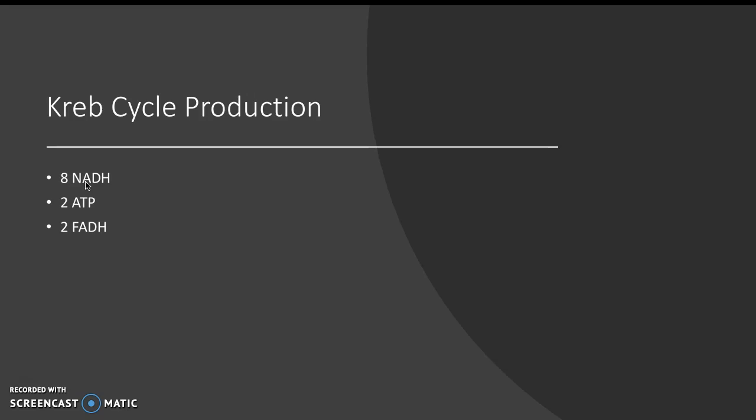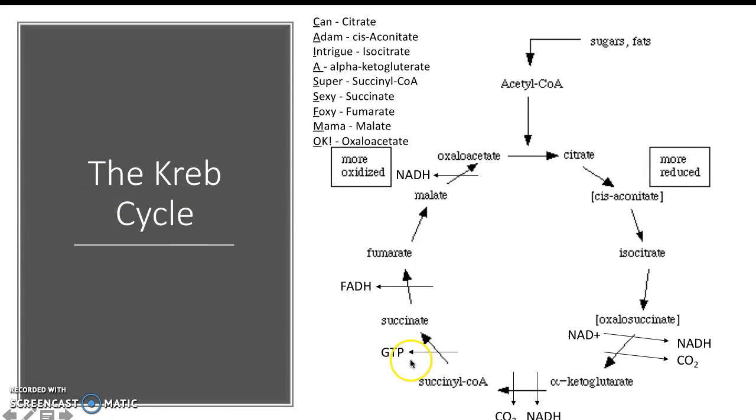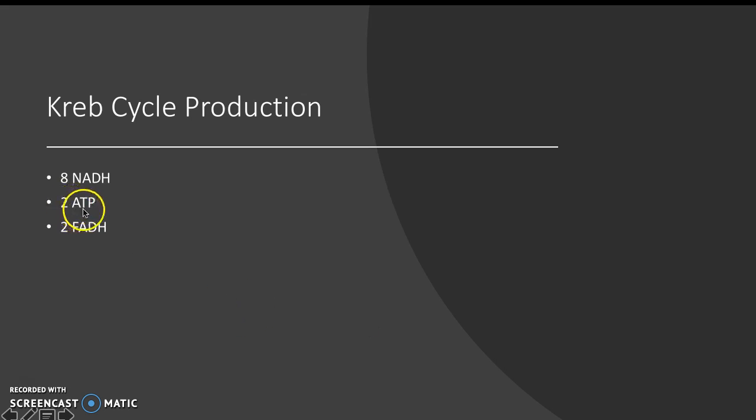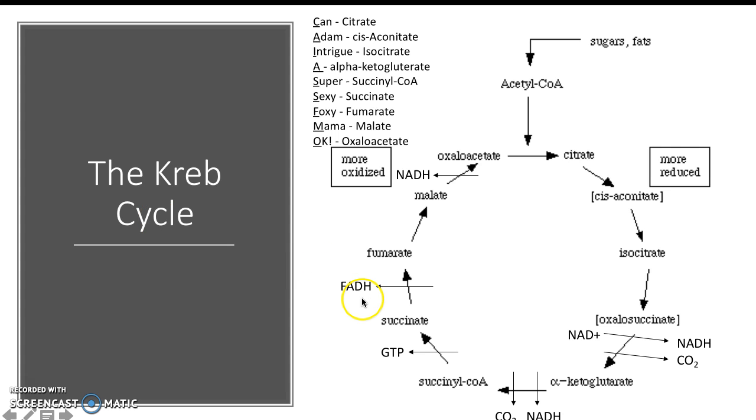Well, then looking at ATP, another word that we know for ATP is GTP, and we see here for one pyruvate molecule we have one GTP produced with no other ones around. So we know that can be doubled for each process, so we know that that'll be 2 ATP produced. Next, we look at FADHs. And in this cycle, we see that we have 1 FADH produced for 1 pyruvate.